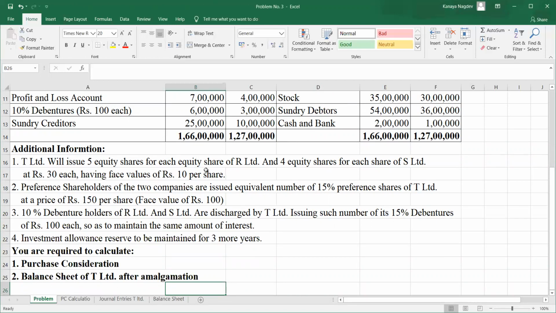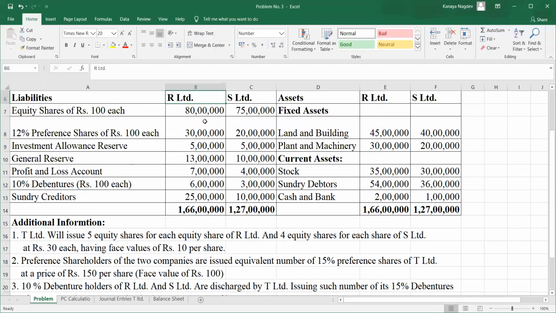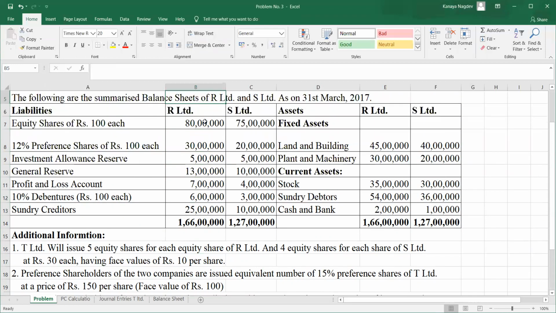Here we have seen that PC we can easily calculate by the net payment method. We just refer to the number of shares held by R Limited and S Limited. Number of equity shares in case of R Limited are 8 lakh divided by 100, that is 80,000. For S Limited, it will be 75 lakh divided by 100, that is 75,000 equity shares.